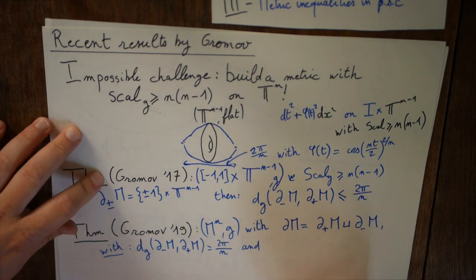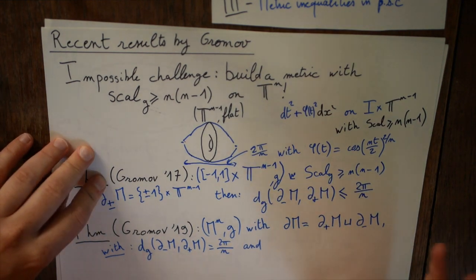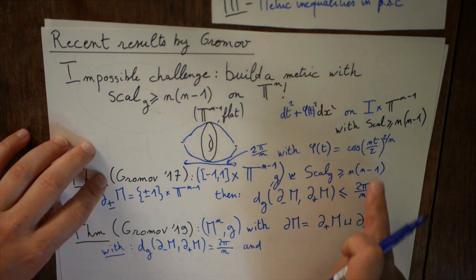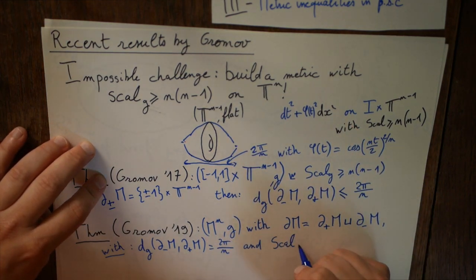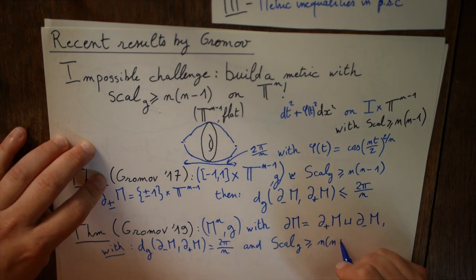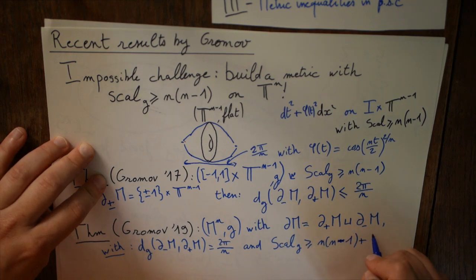But the scalar curvature is too big, bigger than what we have here. So it's greater than n minus 1 plus delta.